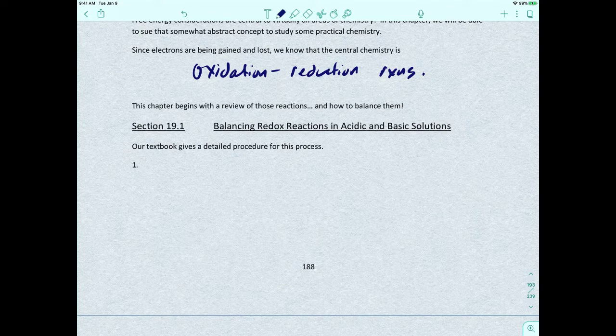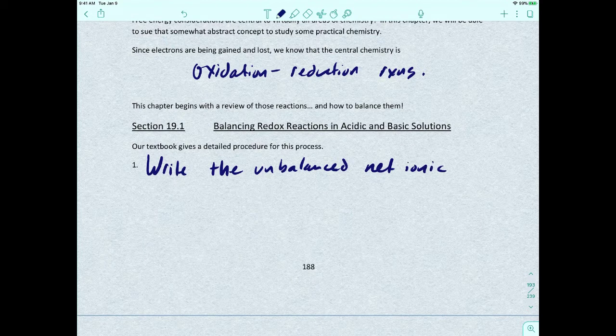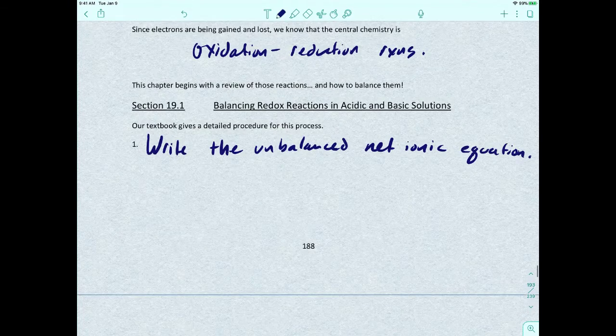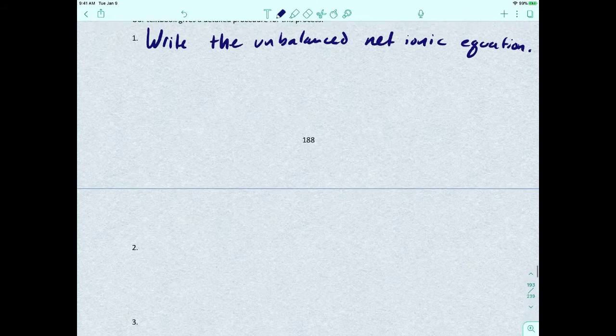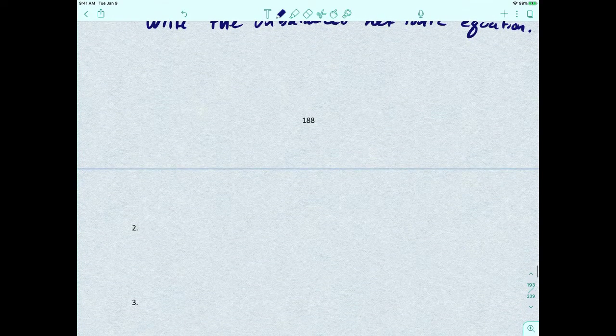So the first step is write the unbalanced net ionic equation. After that, step two, what we want to do is decide which atoms are oxidized and which are reduced.